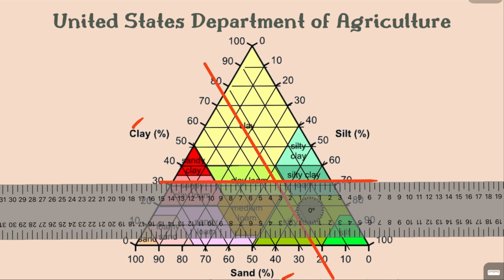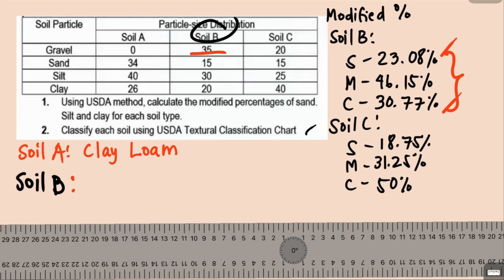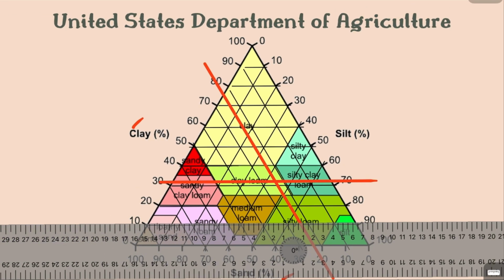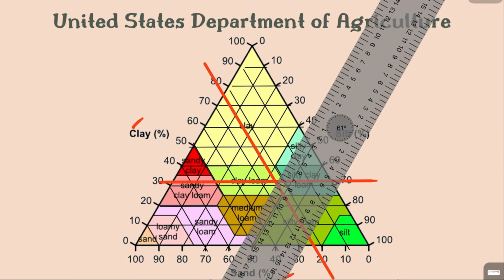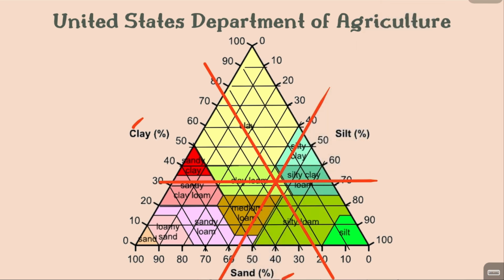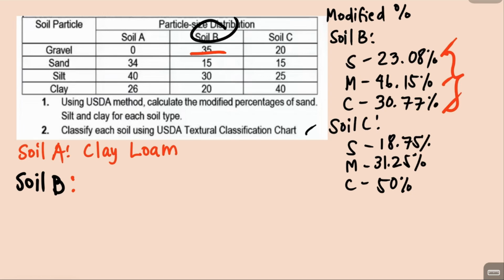Then silt percentage is 46.15%. That's about right here. Technically, we will intersect here, reading it as clay loam. So the classification for soil B is clay loam.